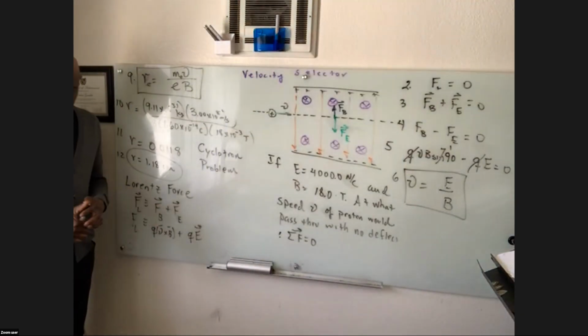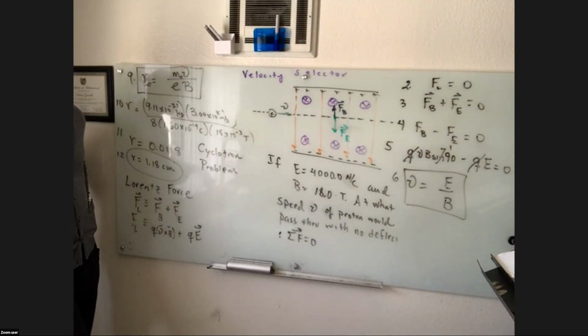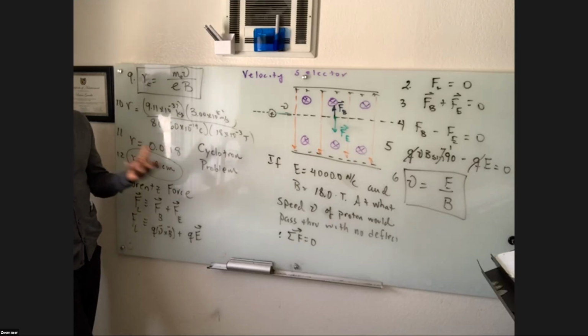It shows you that the unit associated with the ratio of E and B is the unit of velocity. And that will give us the speed that it would need in order to not be deflected. Or actually, it's really the other way around, right?